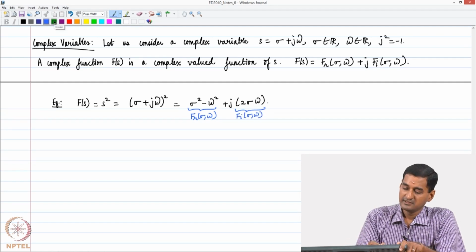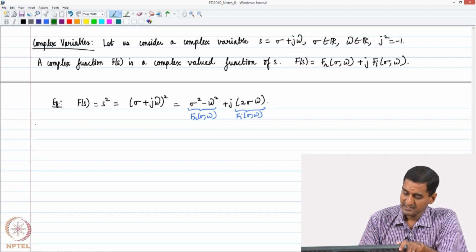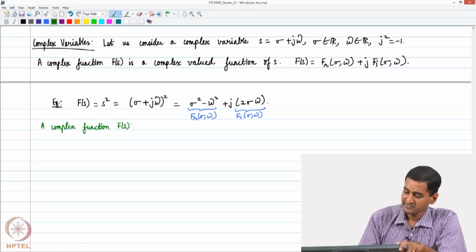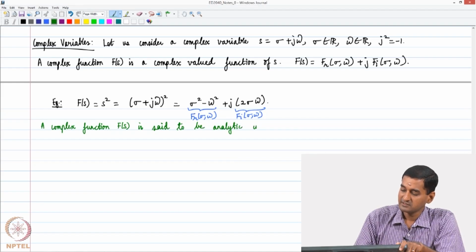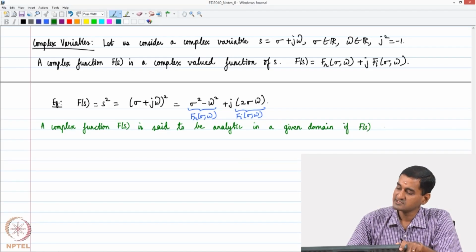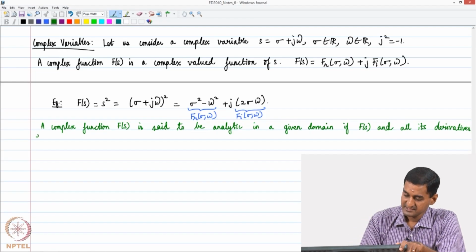Now, a few definitions. A complex valued function f of s is said to be analytic in a given domain if f of s and all its derivatives exist in that domain.